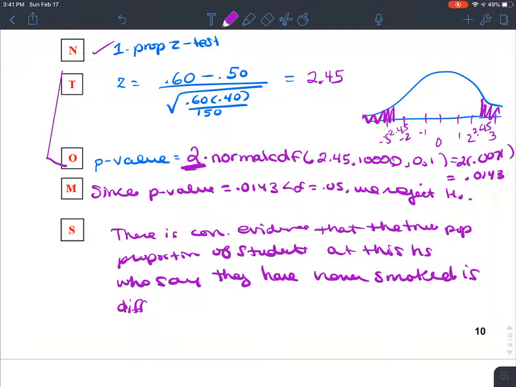Remember this is in favor of the alternative, so when it's a does not equal to, we don't say greater, we don't say less, we just say that it is different. Okay? All right, great.